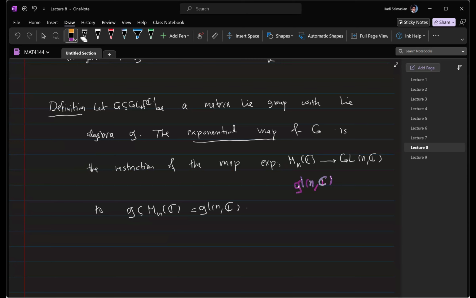So the exponential map of a Lie group G is just the restriction of the exponential map to the Lie algebra of the Lie group. So now we have defined this Lie algebra. Let me recall the definition. What is the Lie algebra of the group capital G?